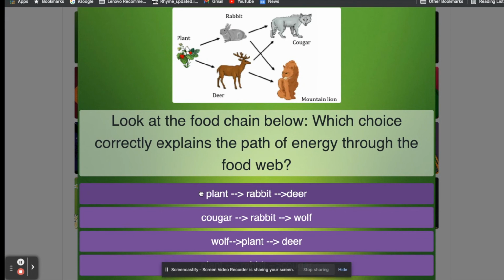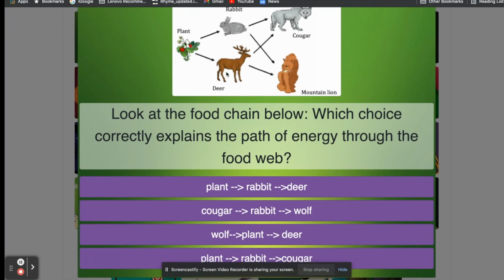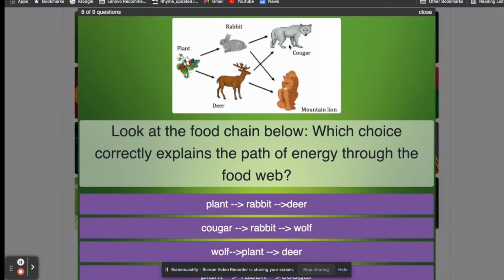So our first option says plant, rabbit, deer. Is that correct? Our second choice says cougar, rabbit, wolf. Is there even a wolf on this food web? So it can't be that one.